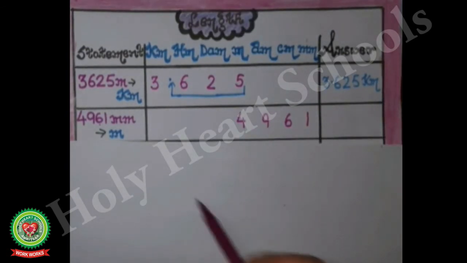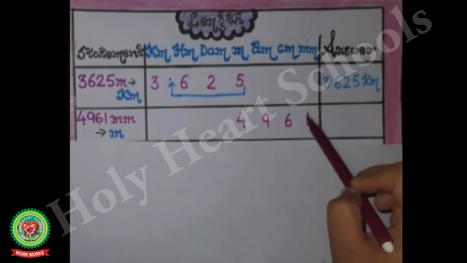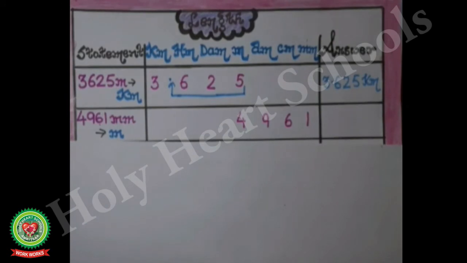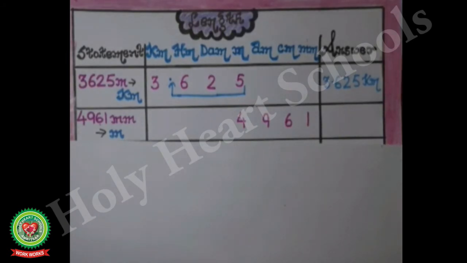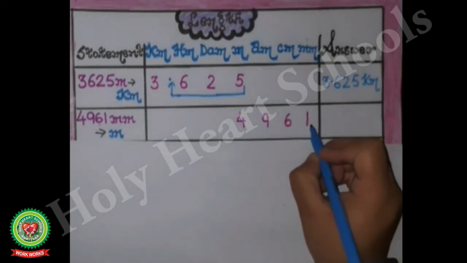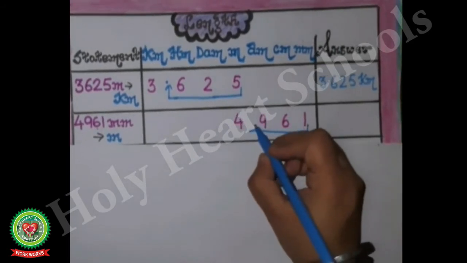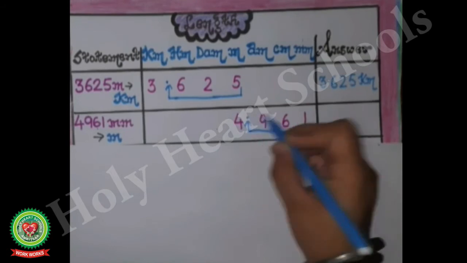Now students, statement is given in millimeters and we have to convert the statement in meters. Again, we have to convert the smaller unit into greater unit. So that means we will move from millimeter towards meter. So here one decimal will come.